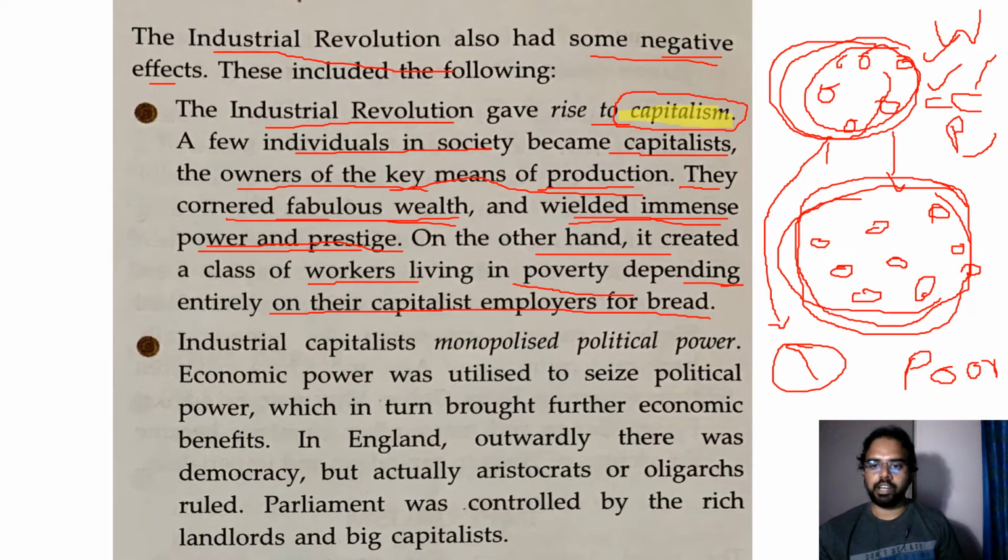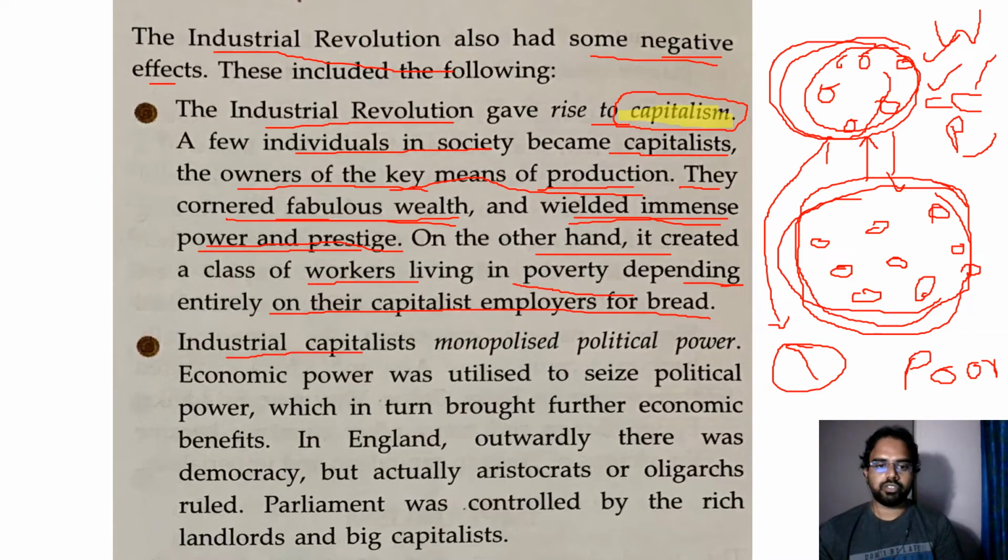They were completely dependent on the factory owners for their food and their salaries. So on one hand, a group of people became so wealthy, and on the other hand, a group of people still remained poor. That was one negative impact, which was the result of the industrial revolution.